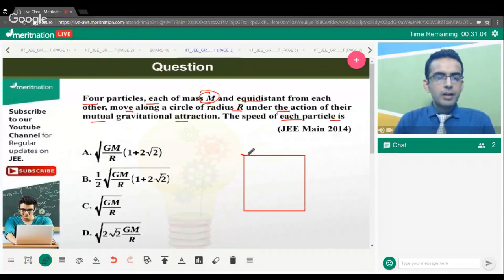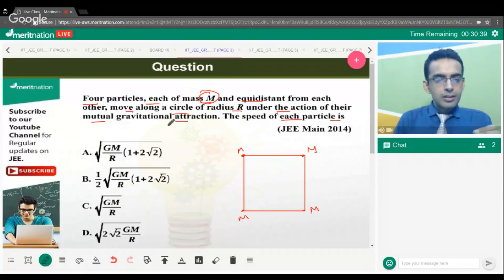They must be lying on a square. So let's say this is point mass of capital M, and this is also a point mass of capital M, and this is point mass of capital M, and this is point mass of capital M. So all of them are moving in a circle.